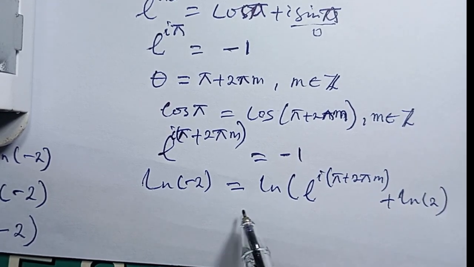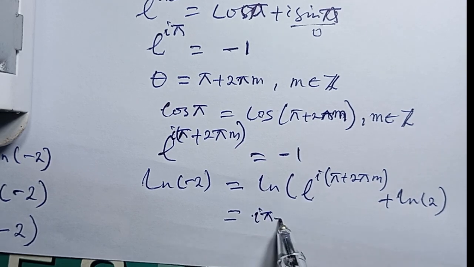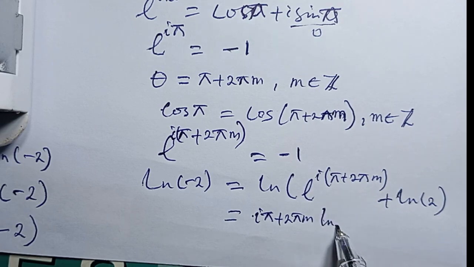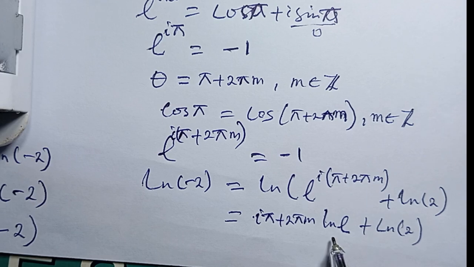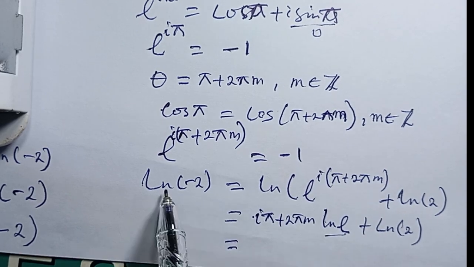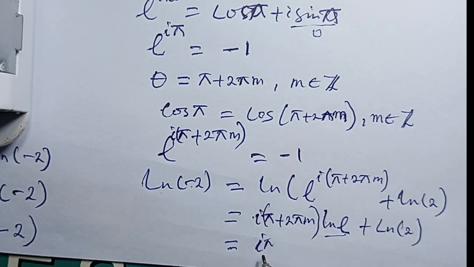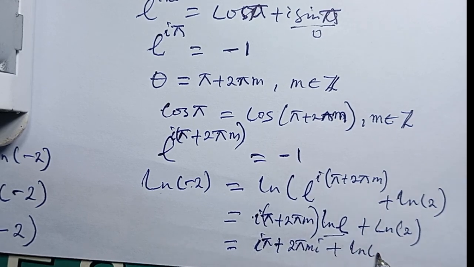Simplifying further, I have i times pi plus 2 pi m, multiplied by the natural log of exponential, plus the natural log of 2. The natural log of exponential is equal to 1, so this is now i pi. Don't forget this is also in brackets, so if I multiply through I have i pi plus 2 pi m i, and then plus the natural log of 2.